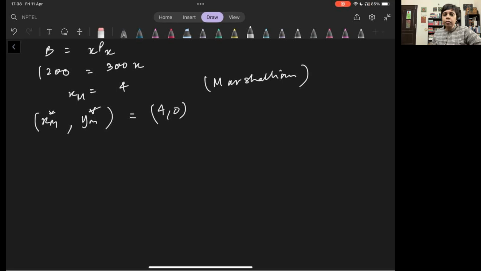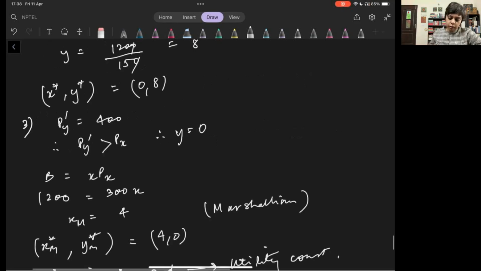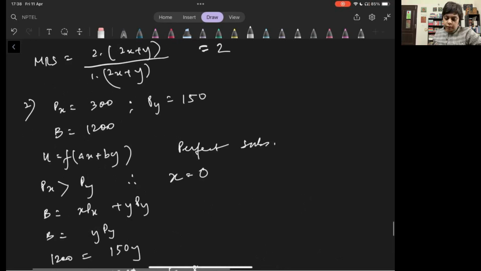Next, you're asked Hicksian demand. What are we holding constant in Hicksian demand? Utility, right? Hicksian demand means utility is constant. So what will we do? We will calculate the utility first, initially, before change of prices.